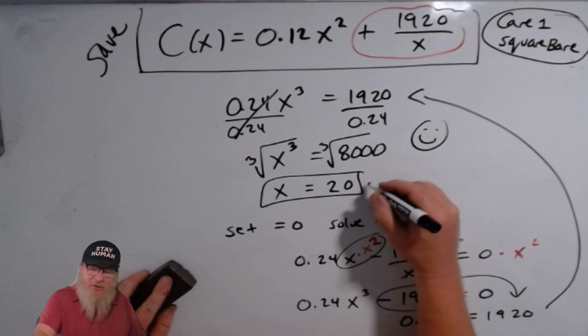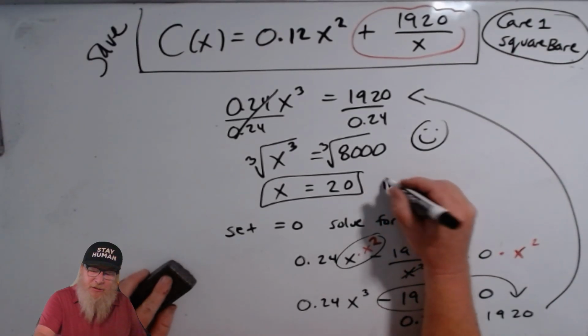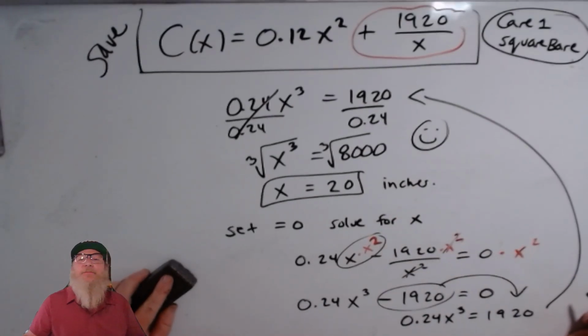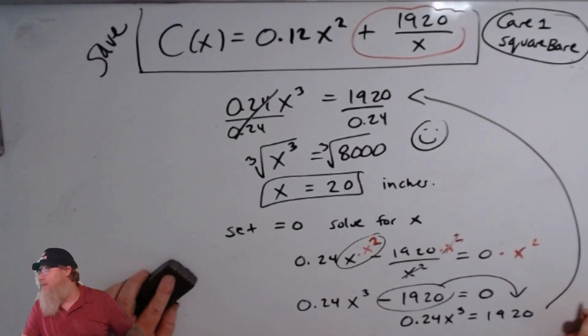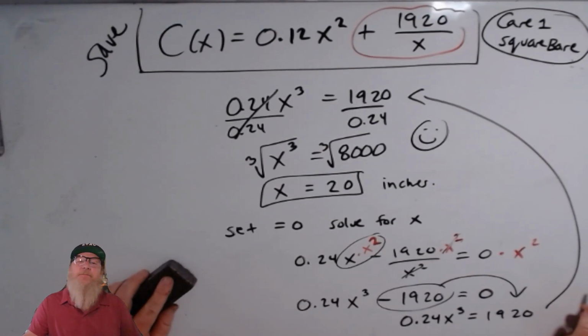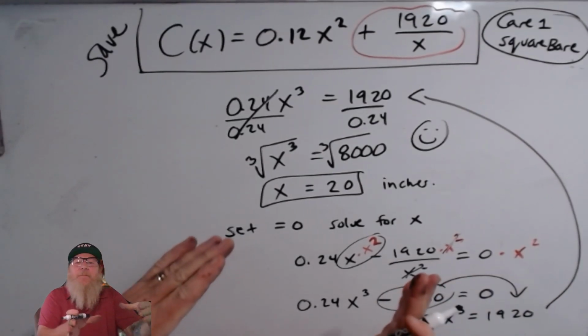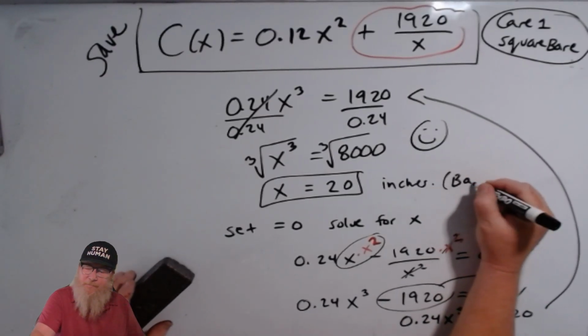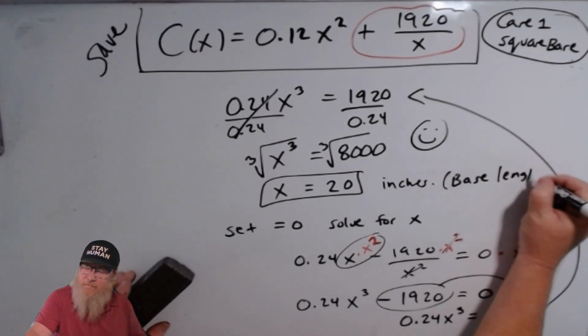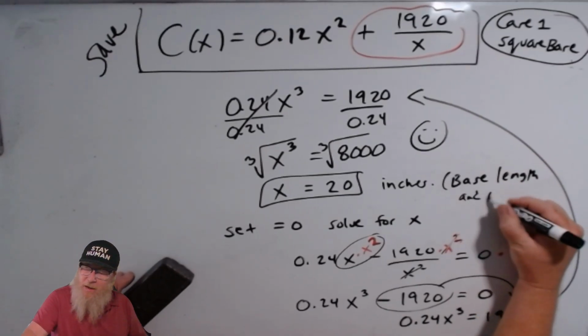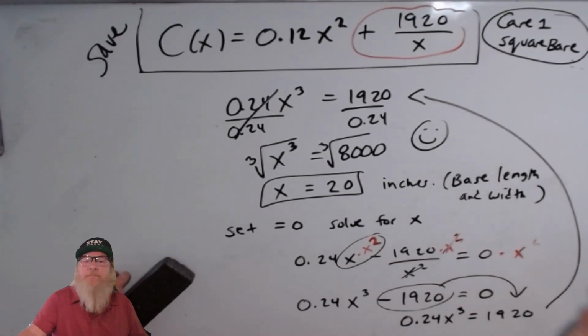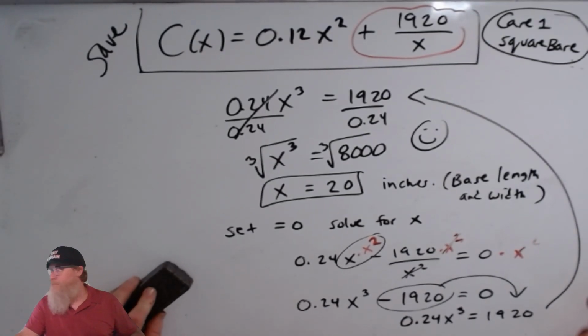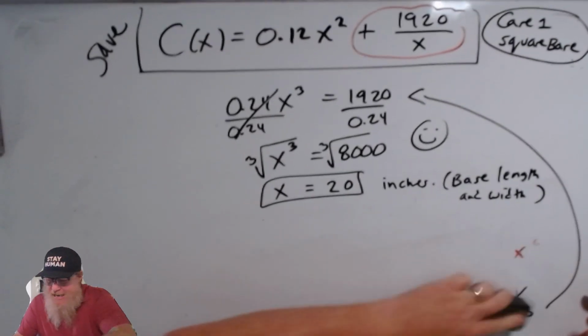All right, so this is 20, what was it, inches, right? That's the length of the side. That's the length of the base. And the width, actually, because it was a square. What's the height?